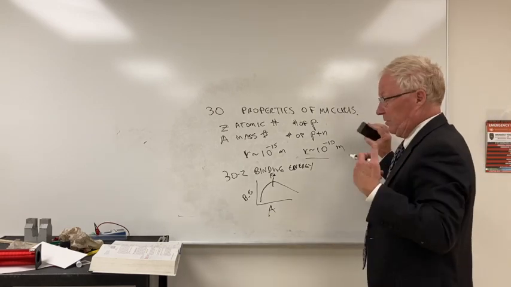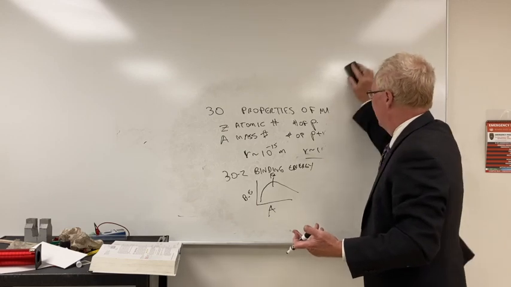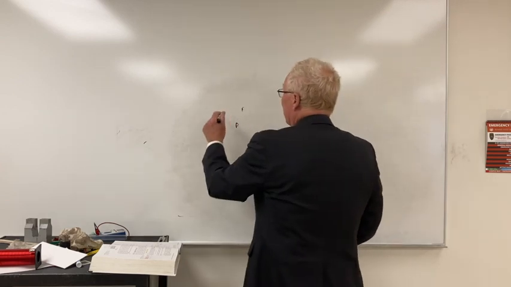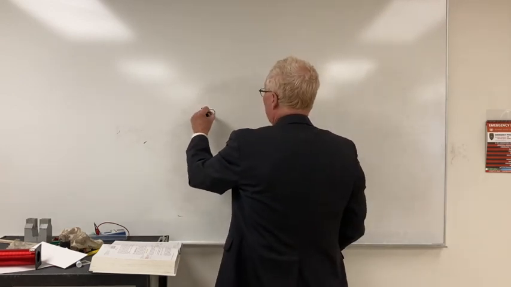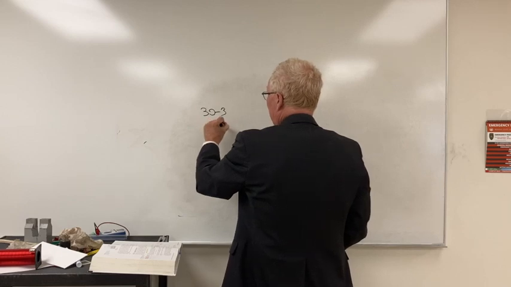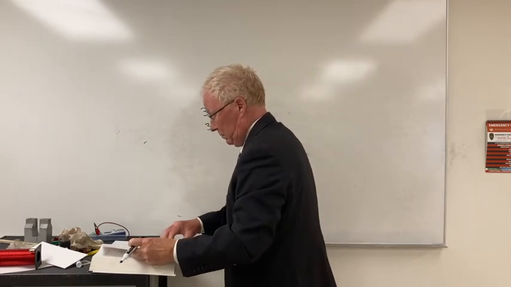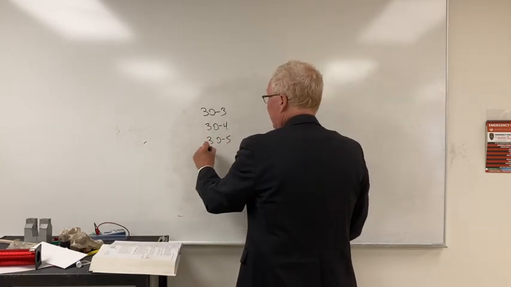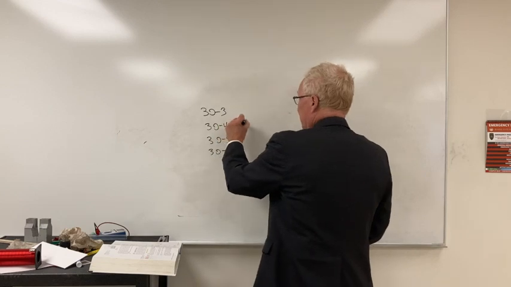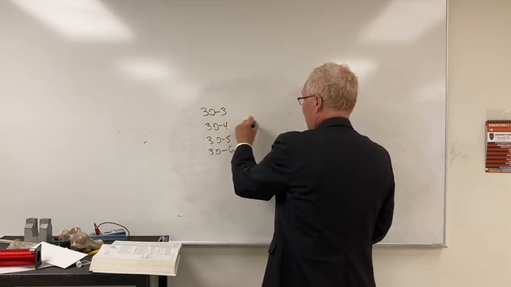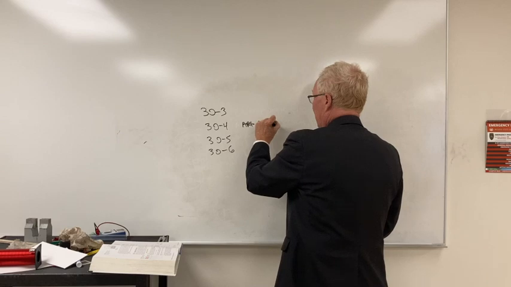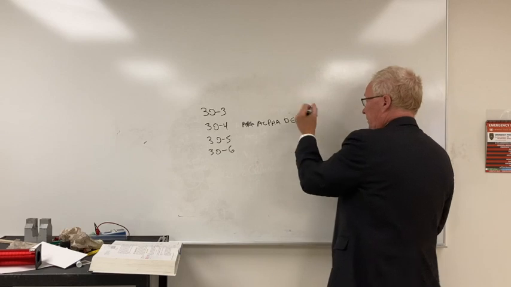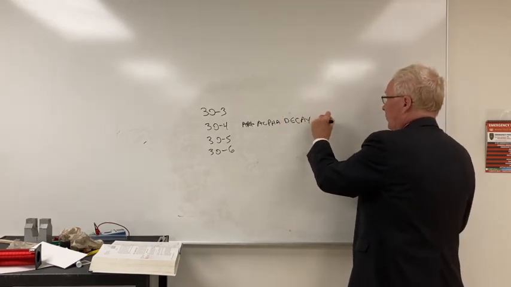The rest of this chapter deals with radioactive decay. So again, starting with 30.33, 34, 35, and 36. This is alpha decay, properties that lead to that, which again is a helium nucleus.